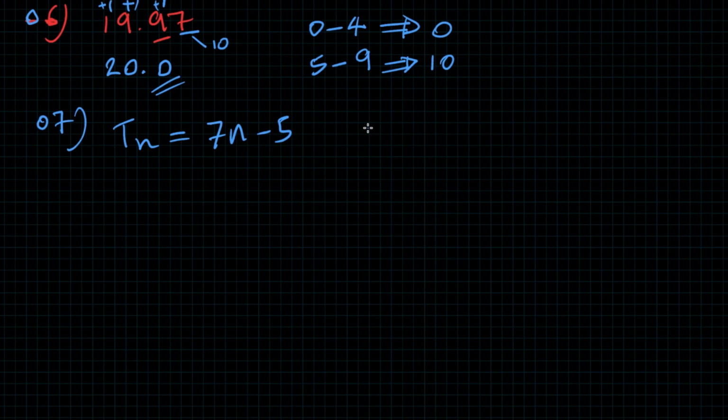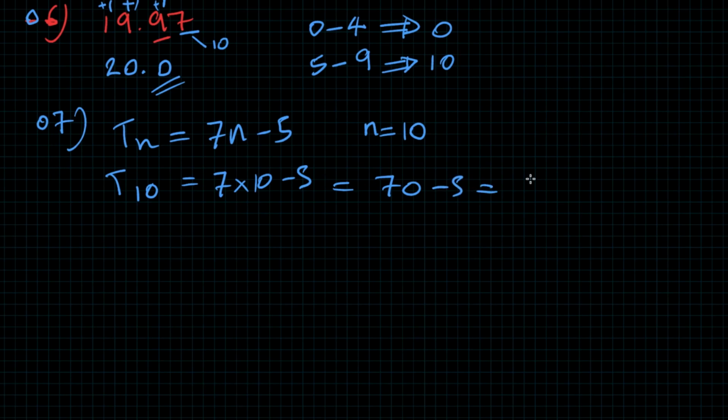So we want the 10th term. 10th term is n equals 10. Easy peasy. So T10 equals 7 into 10 minus 5 equals 70 minus 5 equals 65. Simple as that.